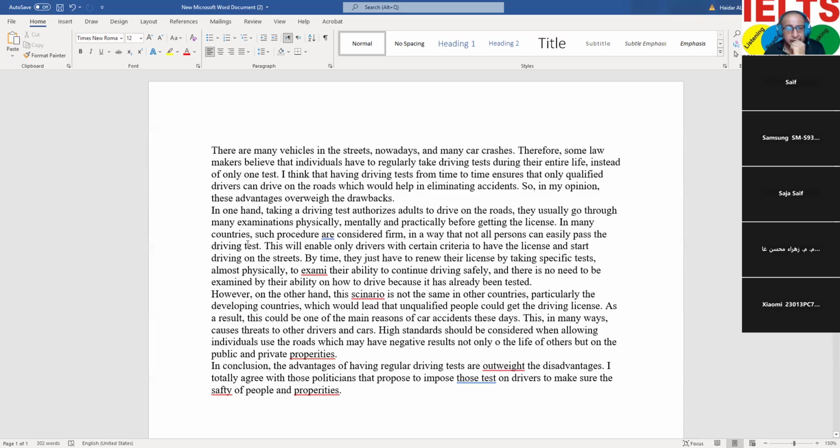In many countries, such procedures, such a procedure is considered firm in a way that not all persons, don't use persons. It's better to use people. Persons is correct, but it's also regarded as a street language word.